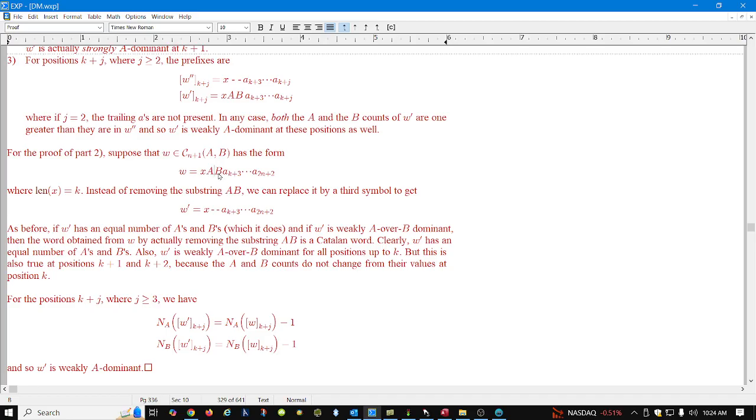We lose this B, so the A and B counts in both cases are 1 less than they were in W. Okay. And so if both of these counts drop, and after they're dropped by 1, the A count's bigger than or equal to the B count, it is also on this side. So W prime is weakly A dominant.